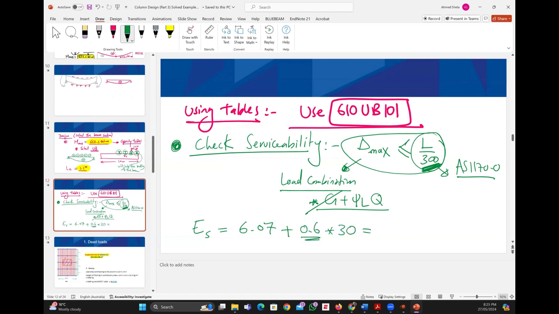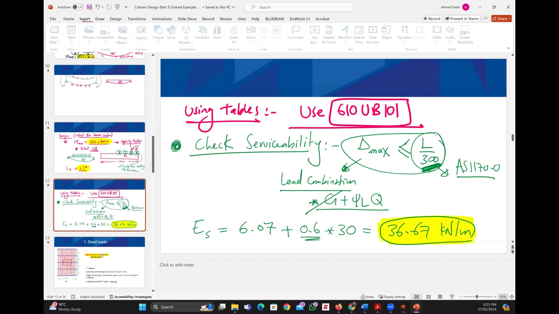If you use the combination for strength, this will be incorrect and you will lose some marks, so you should use this load combination. So how much is the load? 36.67 kilonewton per meter. This is our load for the serviceability calculation.